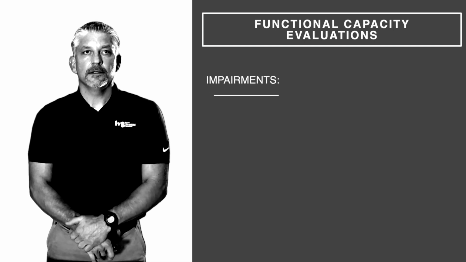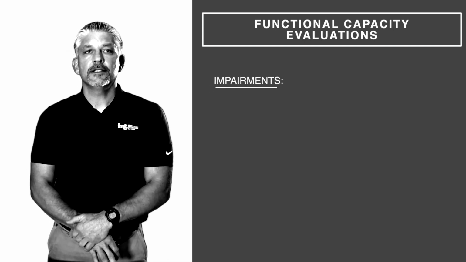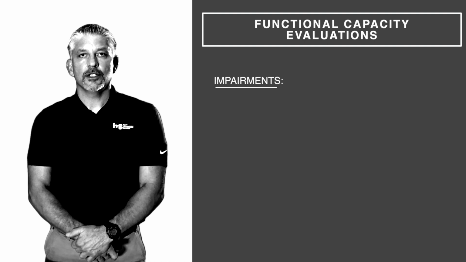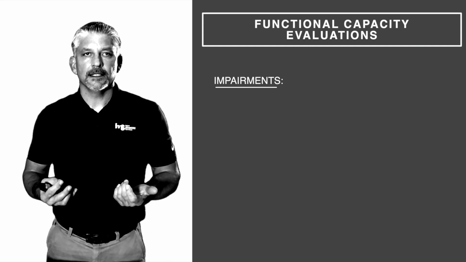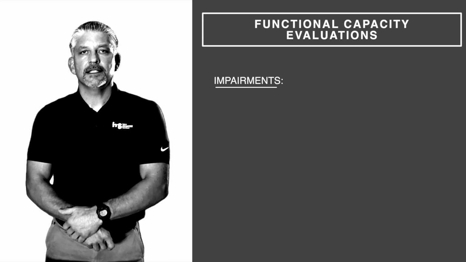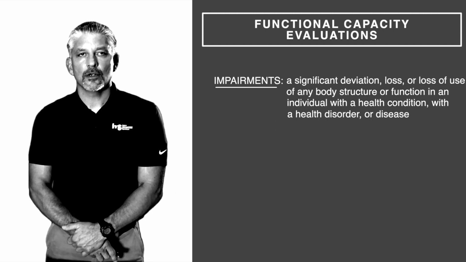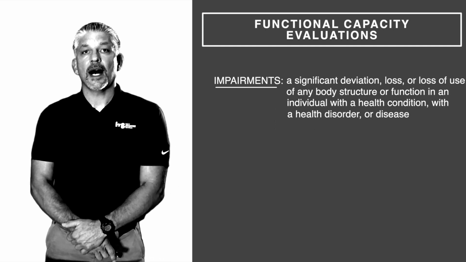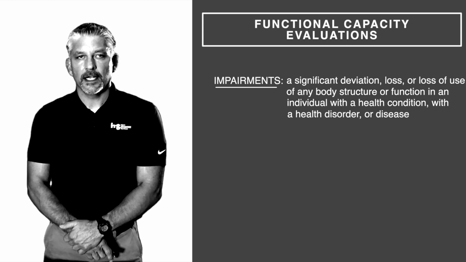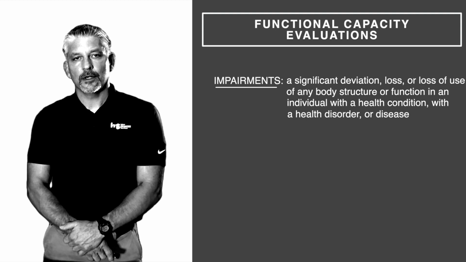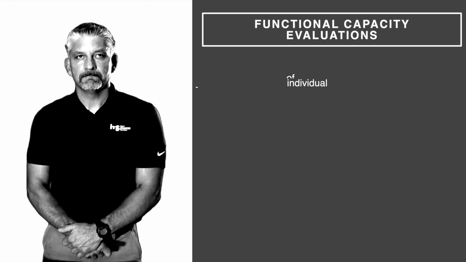Now, impairments. Impairments are based upon the 6th edition of the Guides, and the Guides define an impairment as a significant deviation or loss in the use of a body structure or body function in an individual with a health condition, a disorder, or a disease.